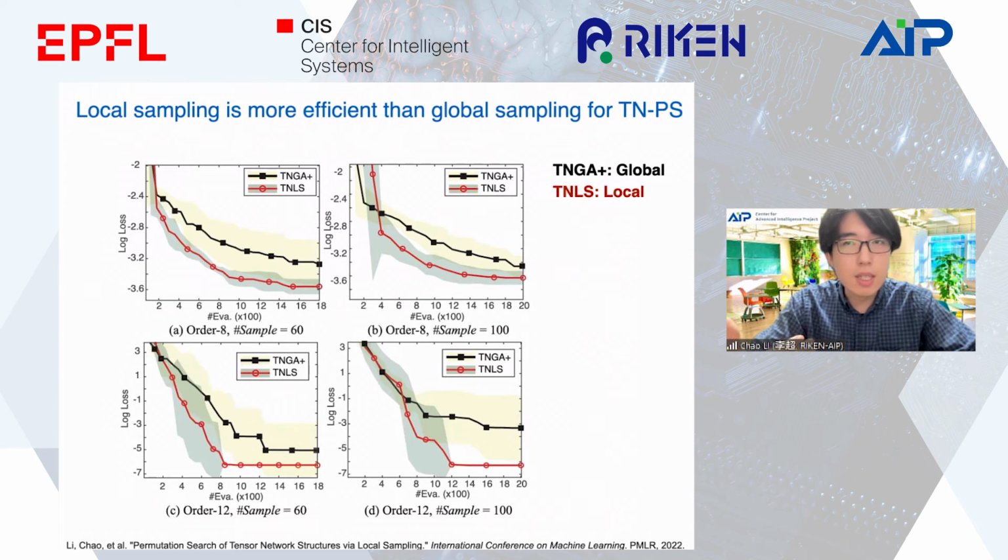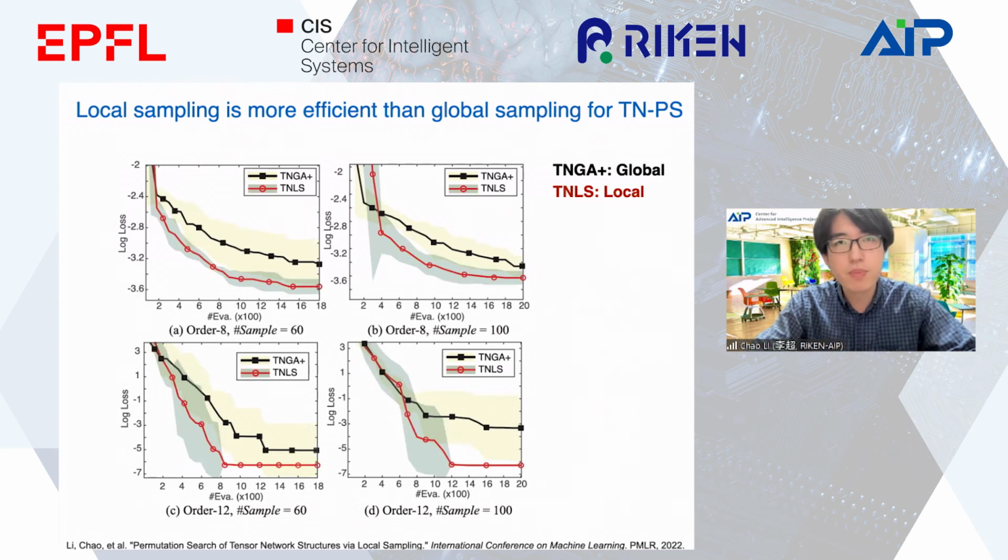And we can see that for the local sampling, that is the red line, the loss function decreases consistently faster than the global one with different settings. So we can say that the local sampling is more efficient than the global one for the tensor network permutation search task.